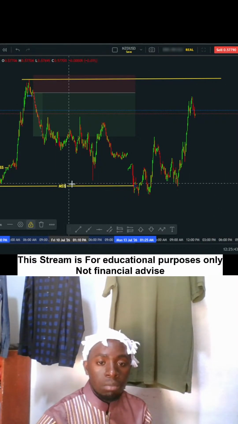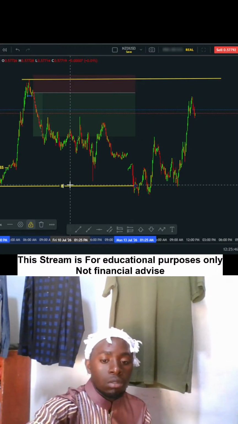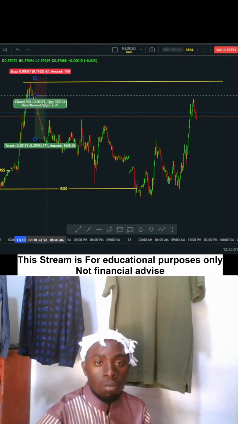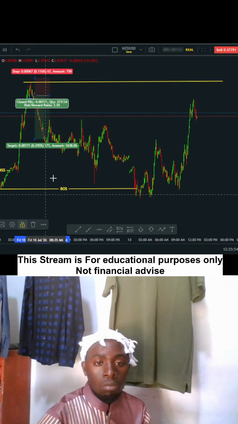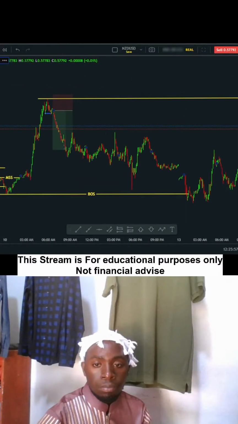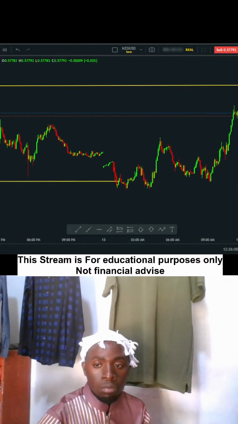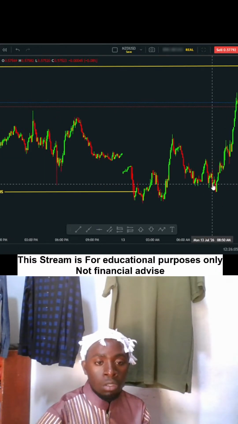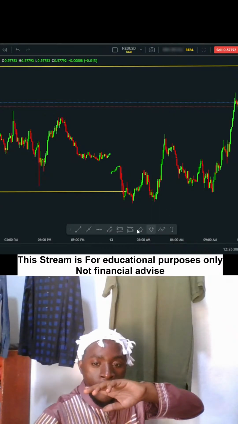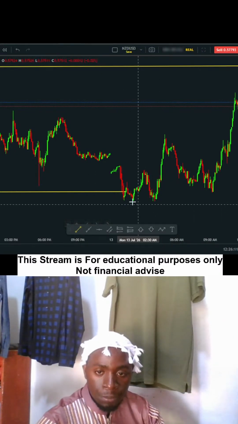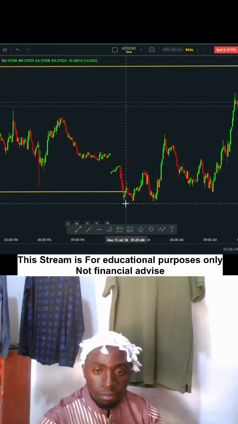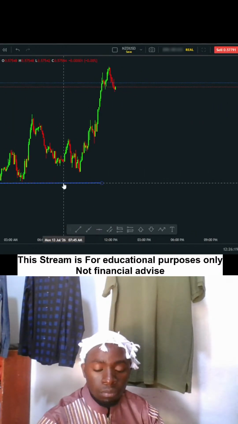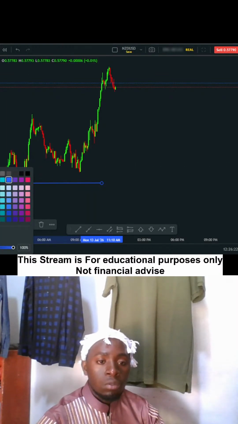So this would have been a break of structure. There's a very low right there.